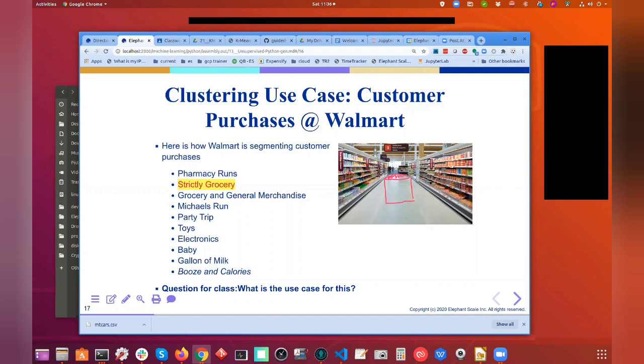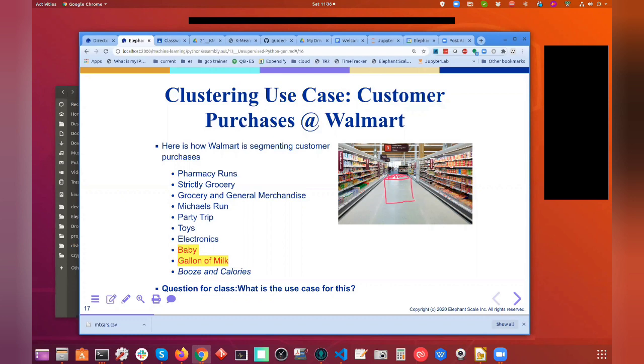Because they run the clustering, then they look at the data, and they probably did some manual analysis too, and then look at the clusters. When I say clusters, these are items people purchase together. For example, let's say initially these two were one category, baby items and milk.